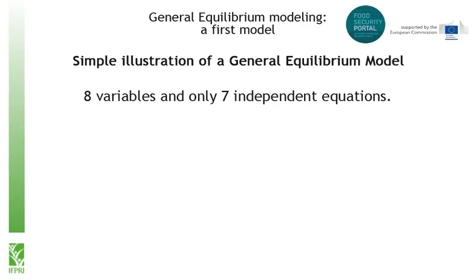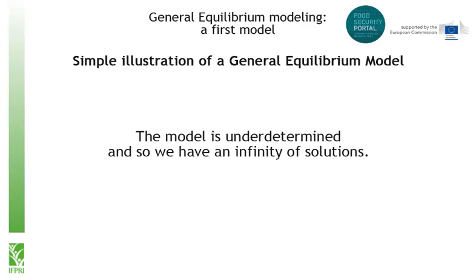So it means that, in fact, all the straight line defined by x plus 2 times y equals 4 is a solution of this problem, and we've got an infinity of solutions, and not only one solution. So in our case of these small general equilibrium models, we have 8 variables and 7 independent equations. We have a model which is underdetermined, and we have an infinity of solutions.